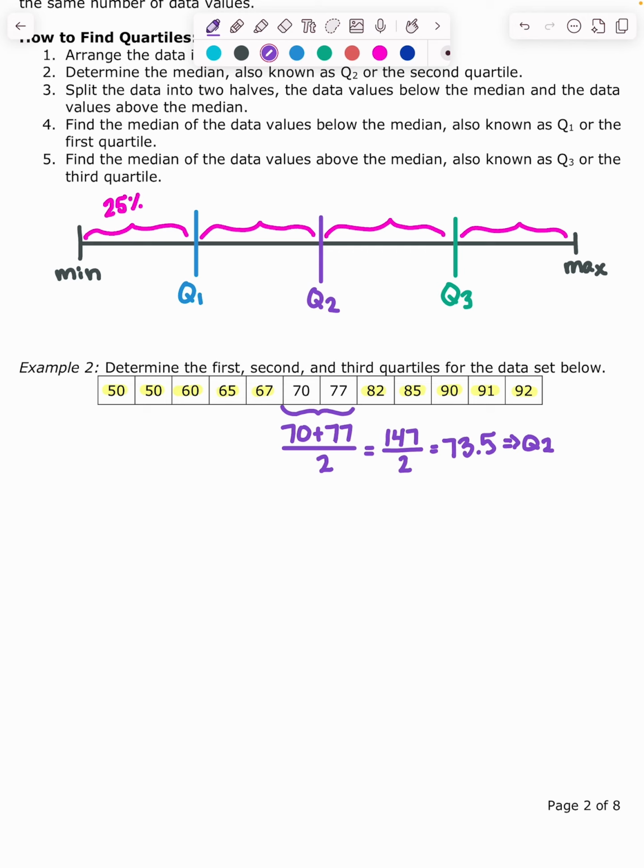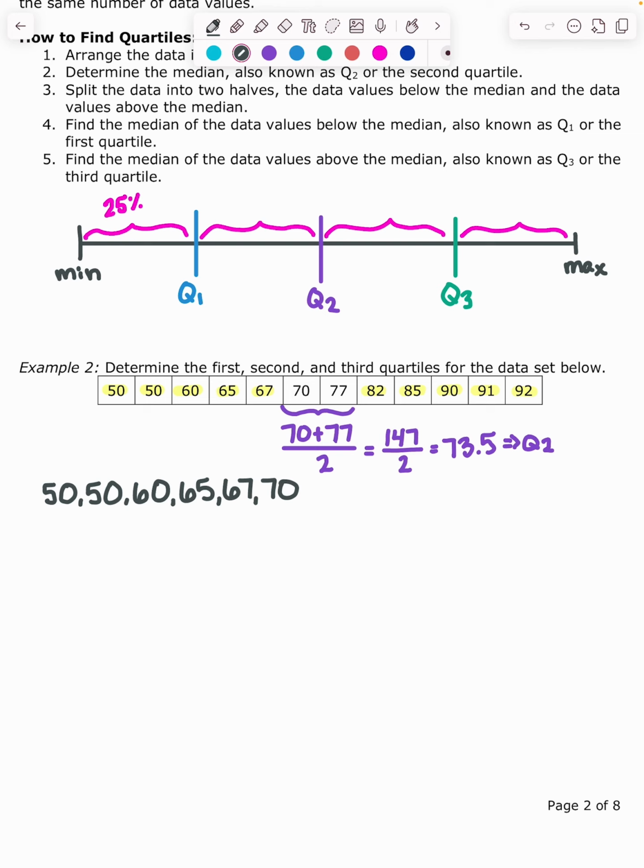Okay, now because 70 is less than 73.5, that becomes part of this bottom data set. So 50, 50, 60, 65, 67, and 70. Everything less than Q2 goes into the lower half.